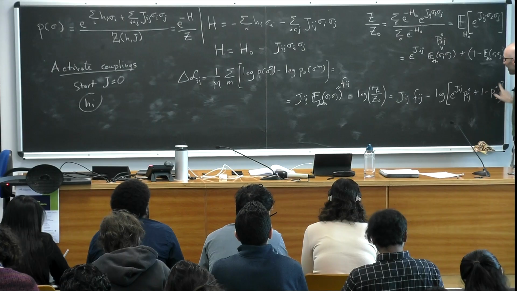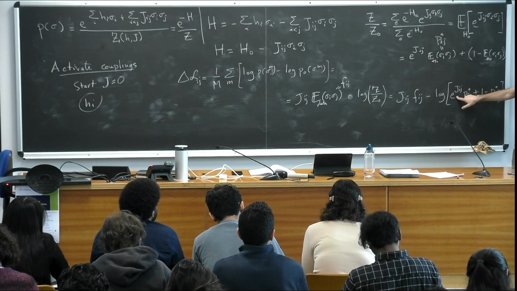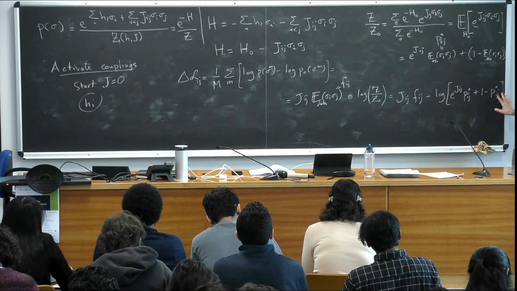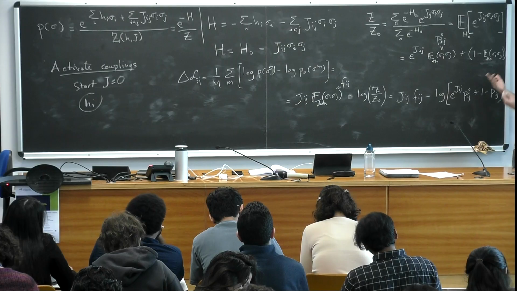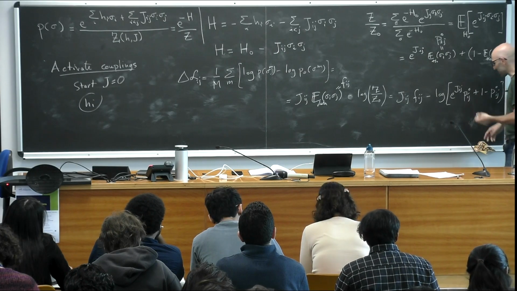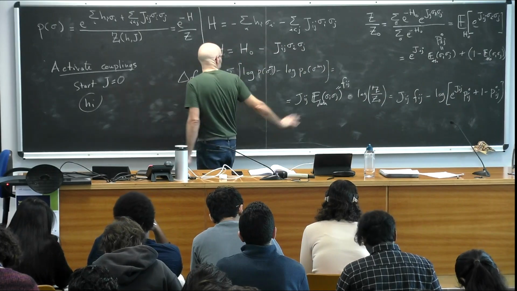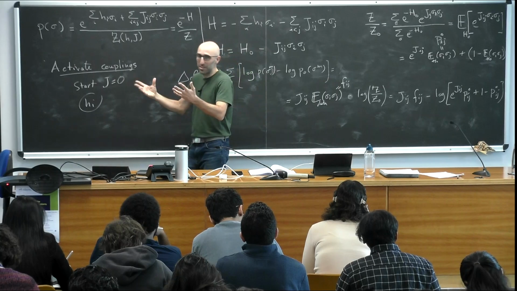So you can maximize this over j_ij to find the best possible value of j_ij, and you can compare all the possible ij, and you can choose to activate the couplings that maximize the likelihood. So you can say, okay, at the beginning I have no couplings. I look at this, I decide, I don't know, 10 couplings that are the best ones.